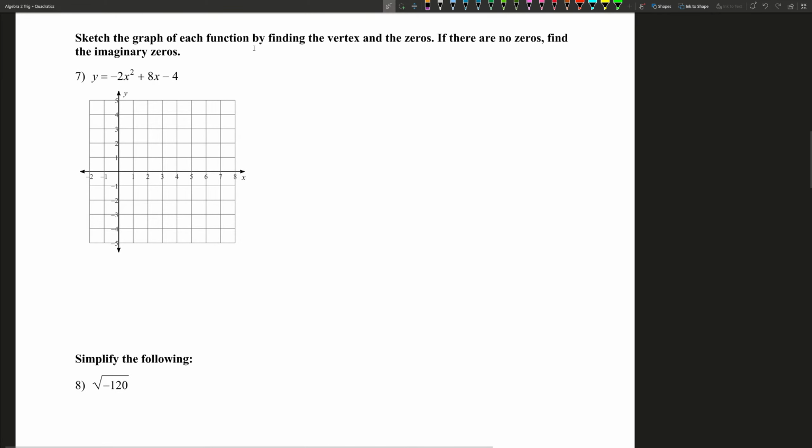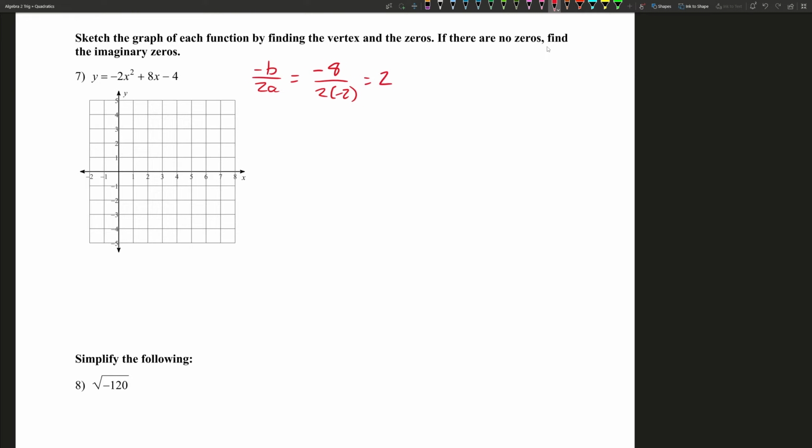Sketch the graph of each function by finding the vertex and the zeros. If there are no zeros, find the imaginary zeros. The first thing I'm going to do is find the vertex. That's negative b over 2a, just like we did up top. So that's -8 over 2 times -2.